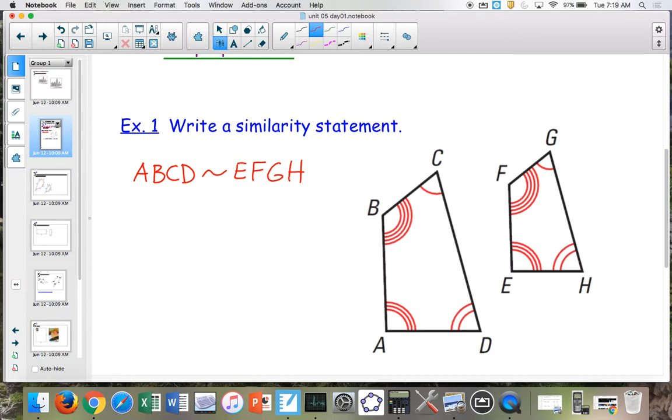So we would say that polygon ABCD is similar to polygon EFGH.